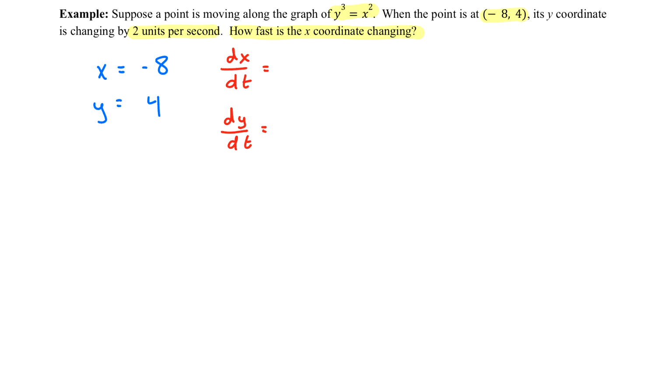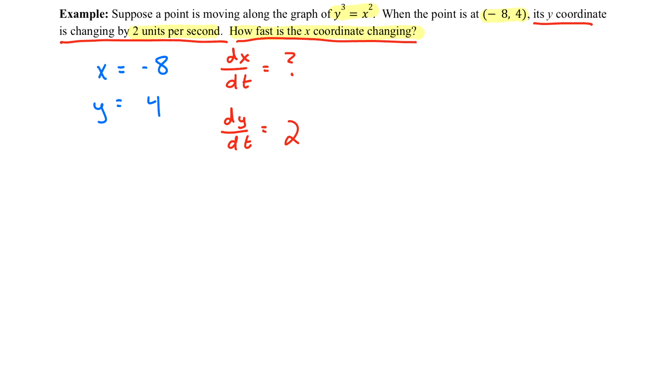Well, this says its y coordinate is changing by 2 units per second. So that's going to be the derivative of y, and it says by 2 units per second. I'm going to assume it's a +2, so that means that dy over dt is equal to 2. We want to know how fast is the x coordinate changing, which means that dx over dt is what we solve for here in this problem.